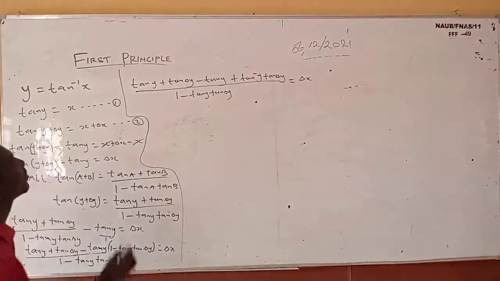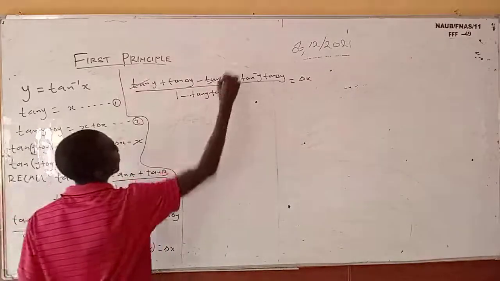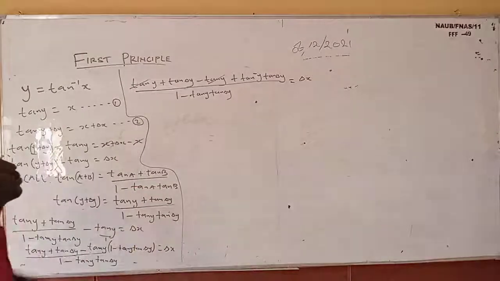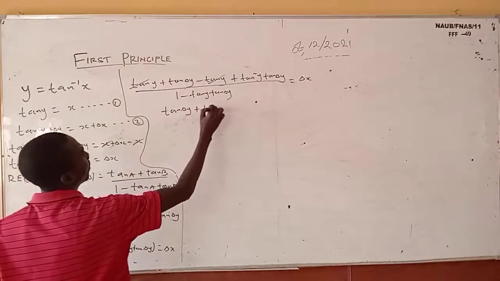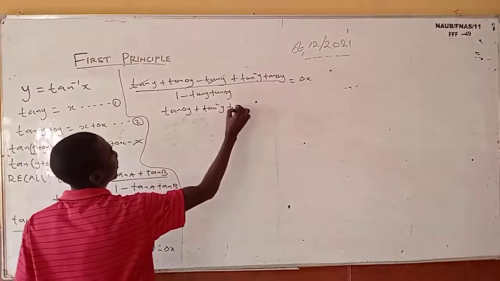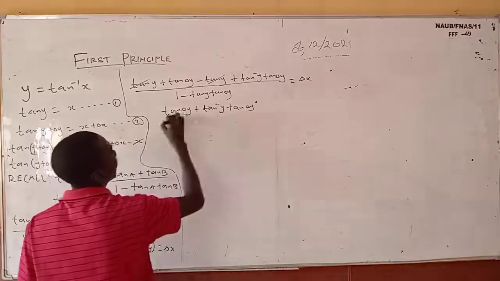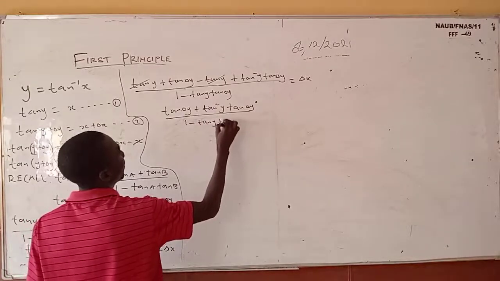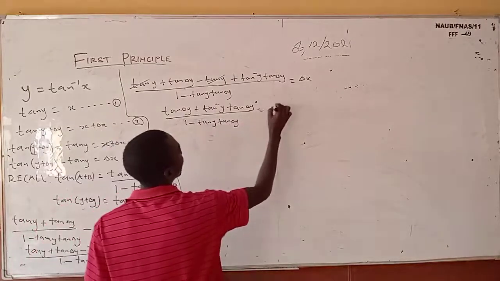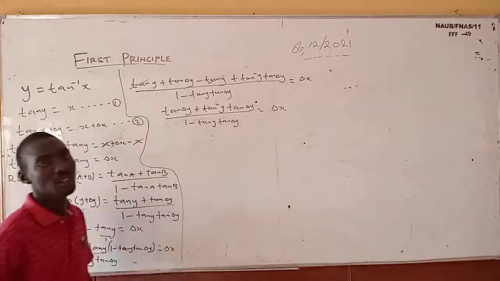So if you look at this, tan y will cancel out tan y. Then we'll be left with tan change in y plus tan squared y tan change in y, all over 1 minus tan y tan change in y, equals change in s. You get that?